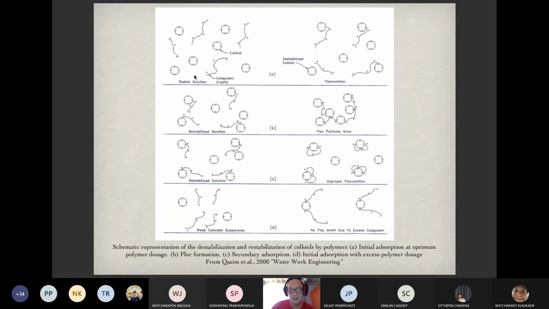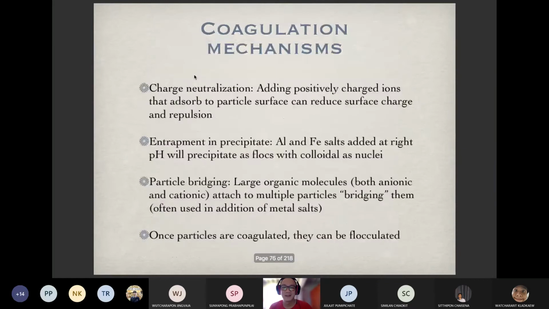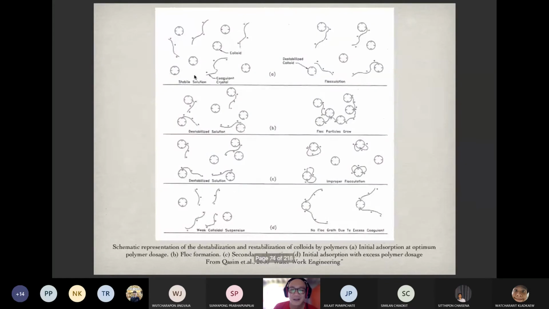Why do we need to do the jar test? Okay, the destabilization process is basically the coagulation process. Attachment to each other becomes a bigger size. So this process is called the flocculation process.